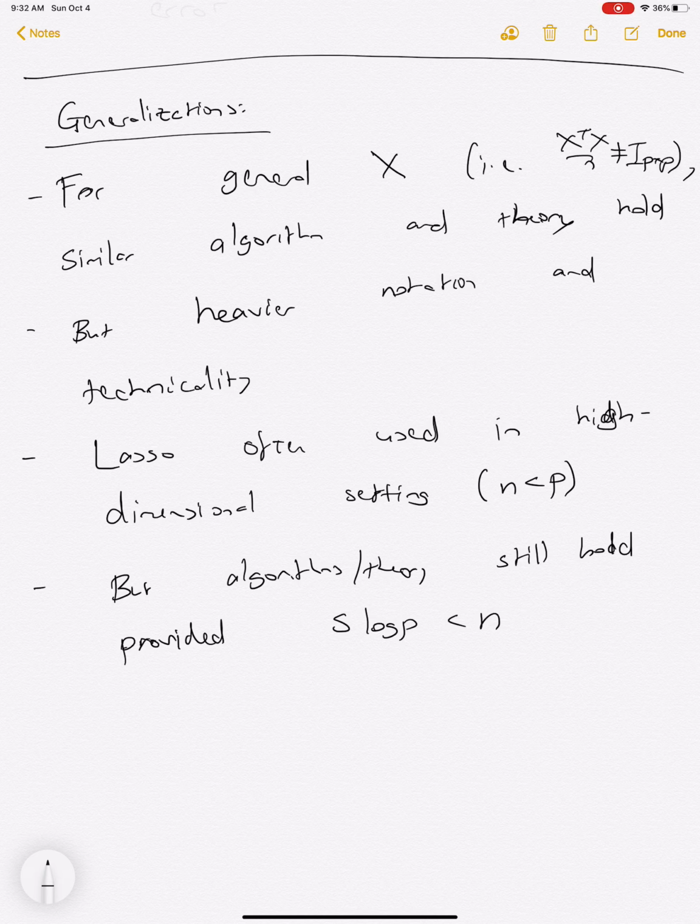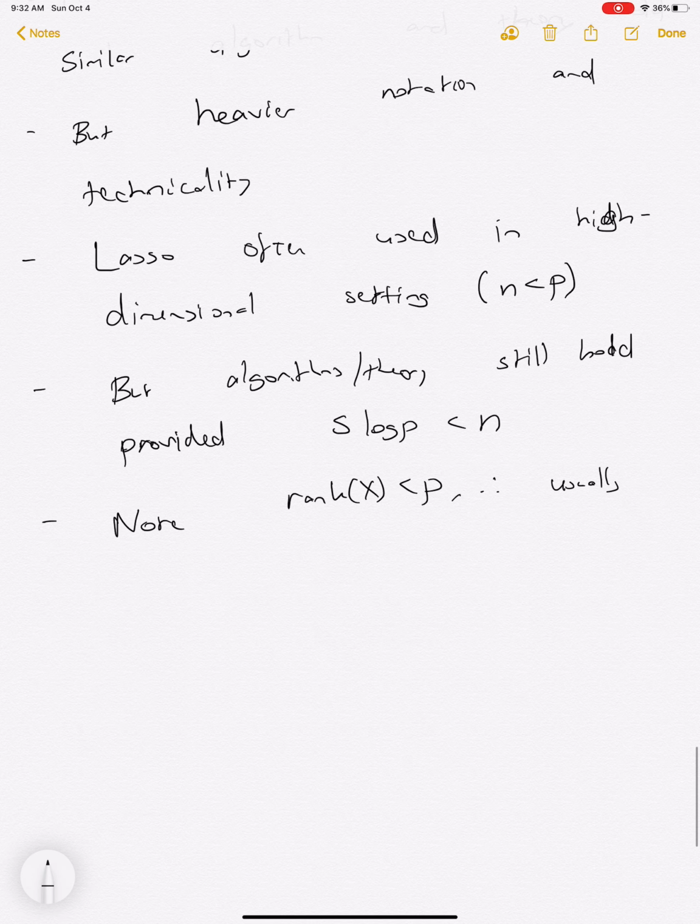One thing to note is that the rank of X has to be less than p, because if p is bigger than n, the maximum the rank of X can be is n. So therefore, usually there are multiple solutions that are all valid.